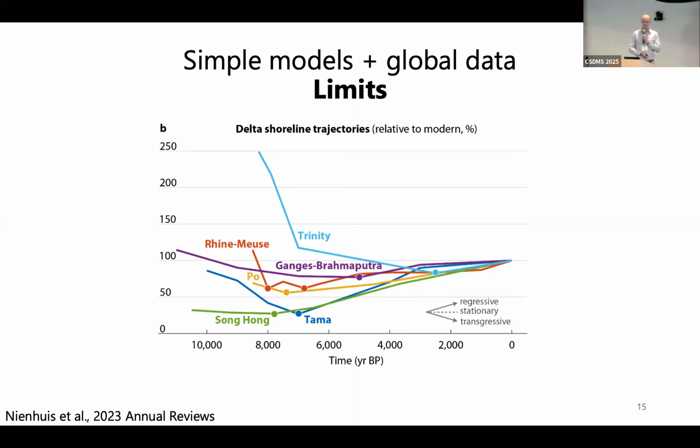One of the big drivers for natural deltas is the volume where sediment gets deposited. If the ocean is deep, you don't get much delta progradation. But I'm assuming that's not in your simplified model, right? So how can you handle things like that, or is it just not possible?